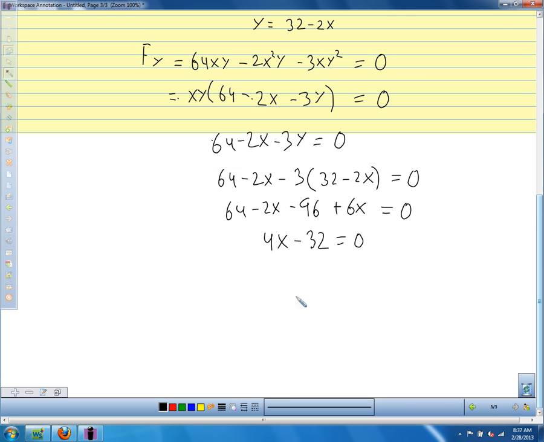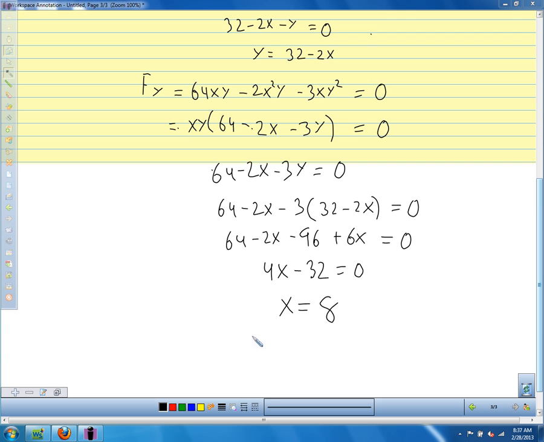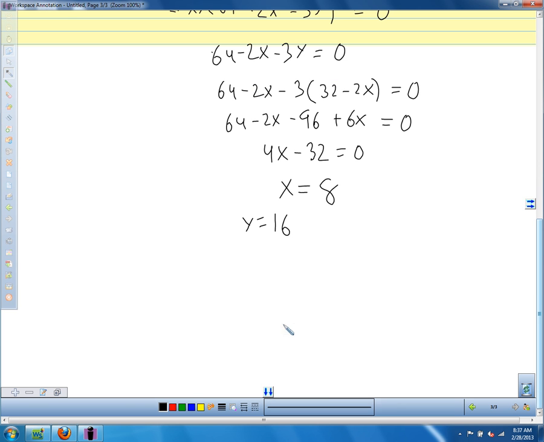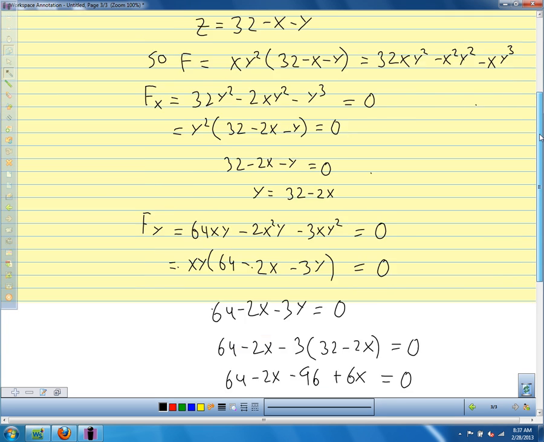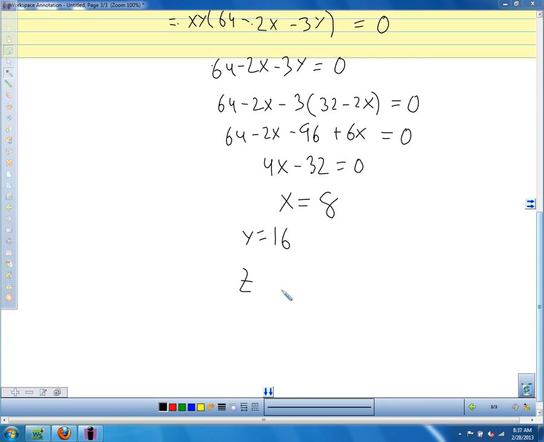And from this I get x equals 8. I can substitute it into our expression here for y, so y equals 16. Finally, using the constraint expression for z, I plug in our x and our y, and I get z equals 8 also.